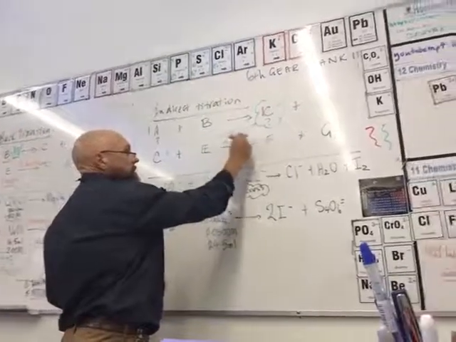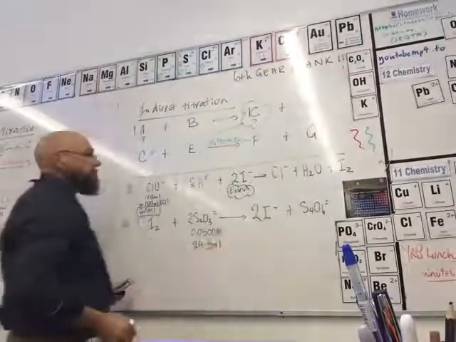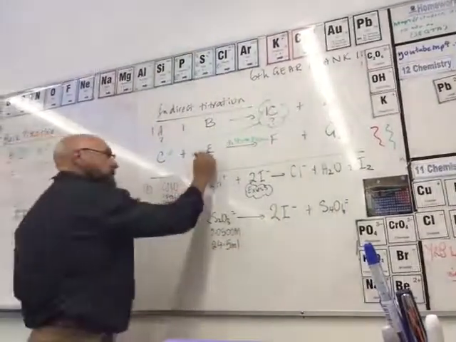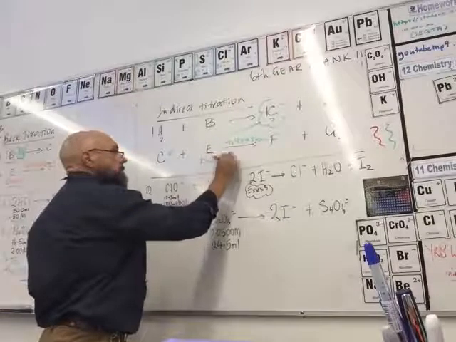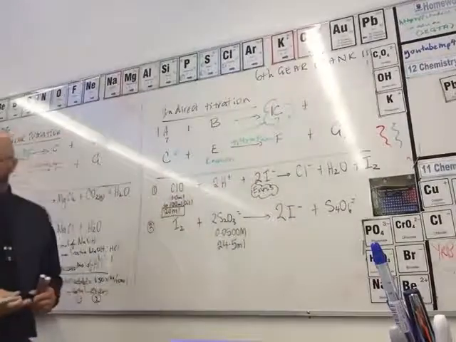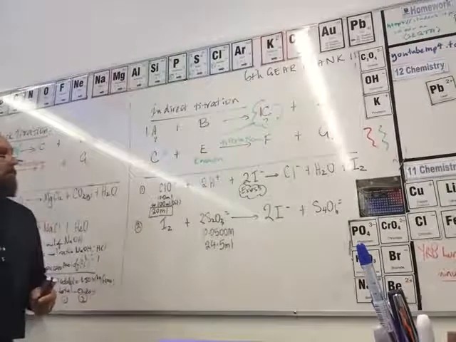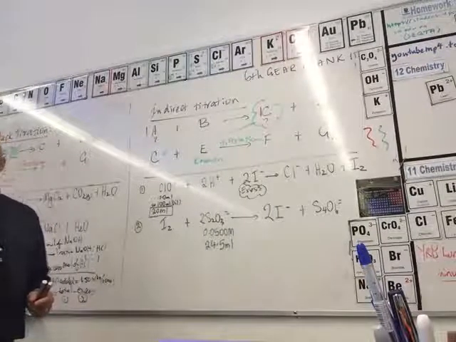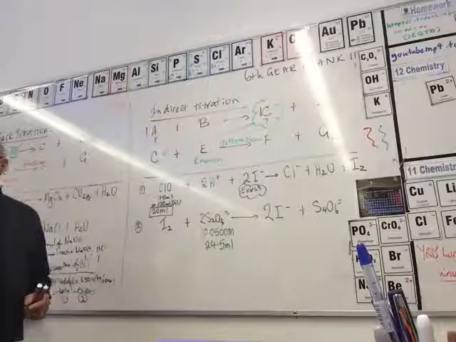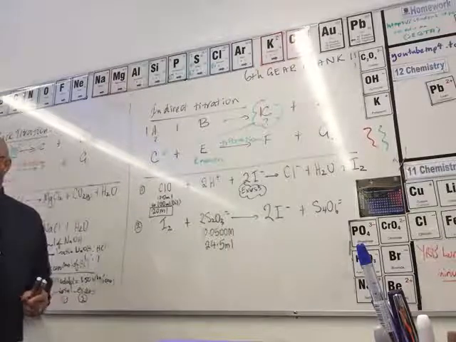This is my titration step. This is my known. So E is a standard solution. How would you separate the C from the D? You'll see how we do that when we get to an example.